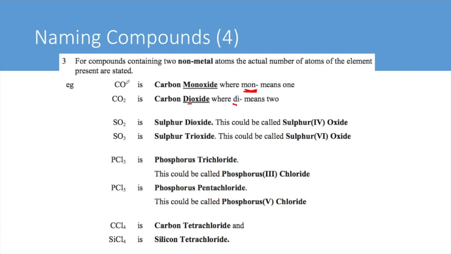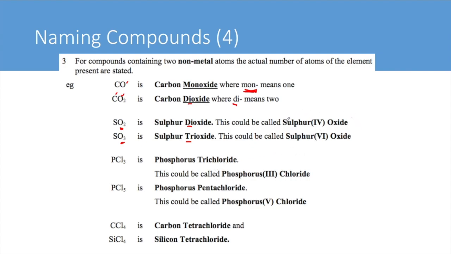So carbon monoxide is CO. Carbon dioxide is 1 carbon and 2 oxygen. Sulfur dioxide, 2 oxygen. Sulfur trioxide, that means 3 oxygen. So if you come across di, tri, it will tell you the number of oxygen that's present inside of it.